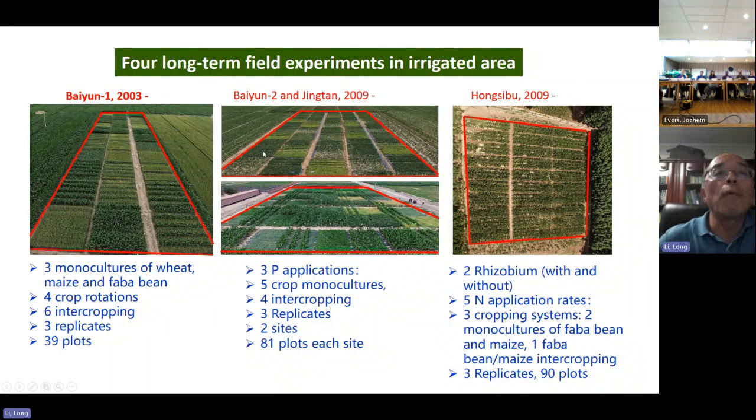Another 2 experiments have the same design in fertile soil and moderately fertile soil: 3 phosphorus applications, 5 crop monocultures, and 4 intercropping, 3 replicates, and 2 sites, 81 plots each site. Another fourth experiment has 2 rhizosphere treatments and 5 nitrogen applications, 3 crop systems: 2 monoculture and 1 intercropping, and 3 replicates.